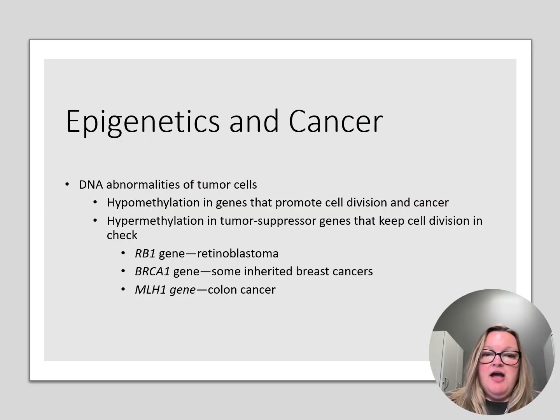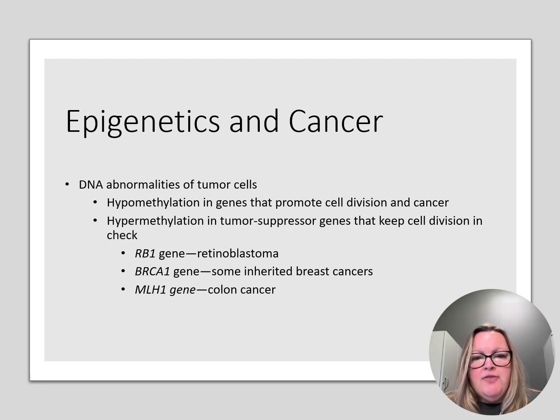Finally, I want to touch on epigenetics and cancer. So, the study of epigenetics and the modification in human disease largely comes from studying cancer. What I want you to know here is there are two abnormalities in the DNA of tumor cells that they have found. One is that there is hypo or low methylation in the genes that promote cell division. So, what does that mean?